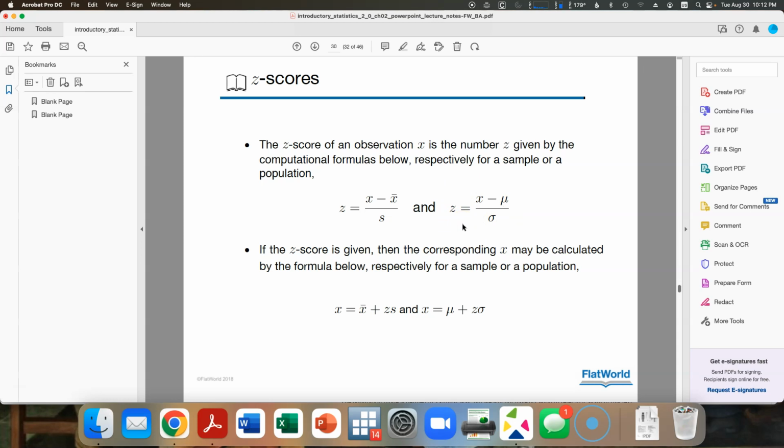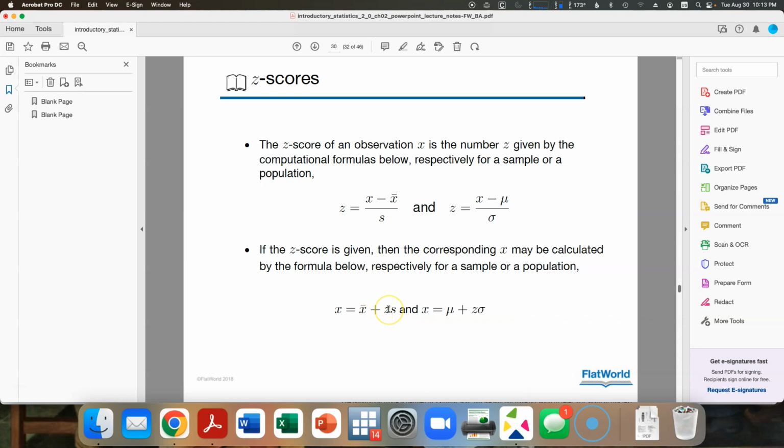And so essentially what we can do then is that when we know the x, we can calculate the z-score, and we can basically solve for the unknown.